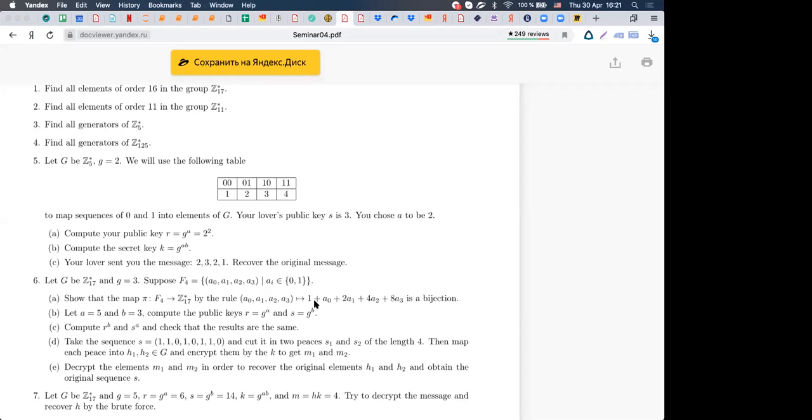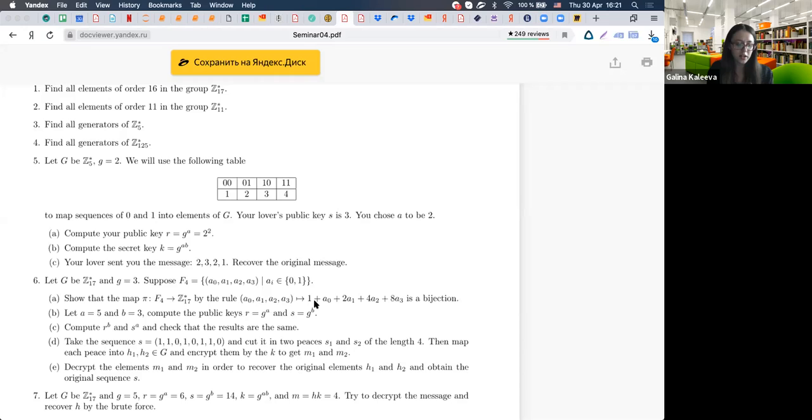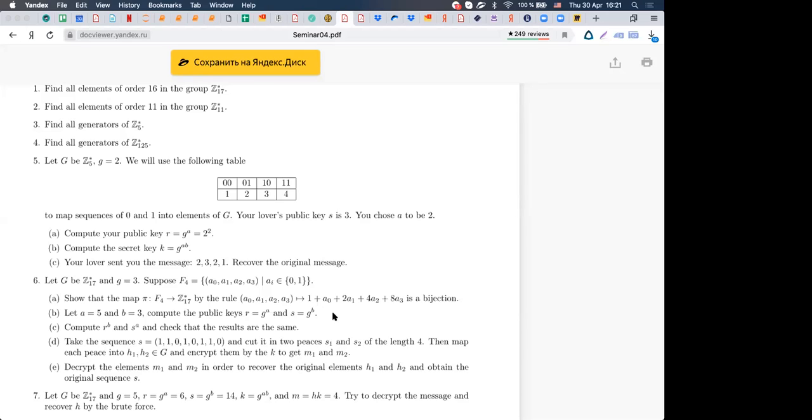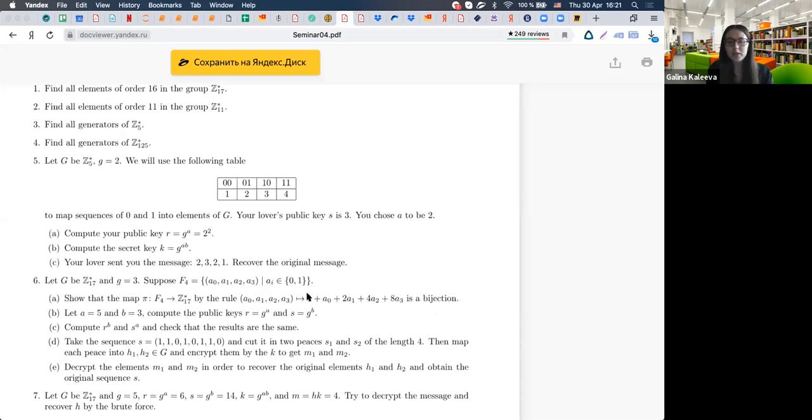I have another question. a3, a2, actually, this one is a binary. And it's merely our number plus 1. And this plus 1 doesn't mean anything for our bijection. It means that all the numbers are not from 0 to 15, but from 1 to 16.